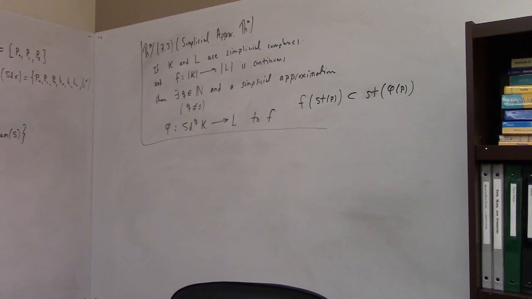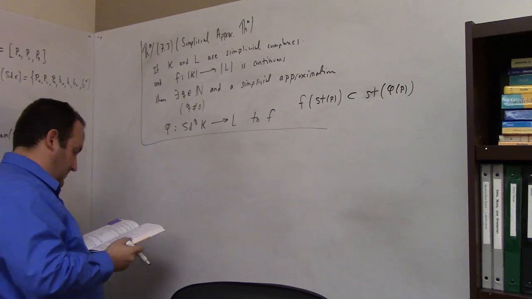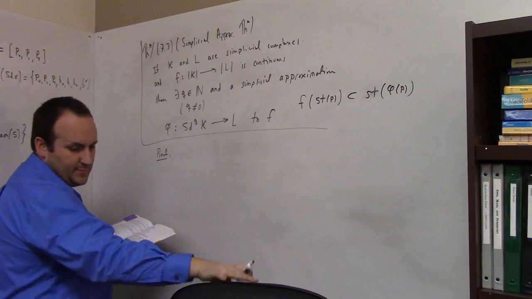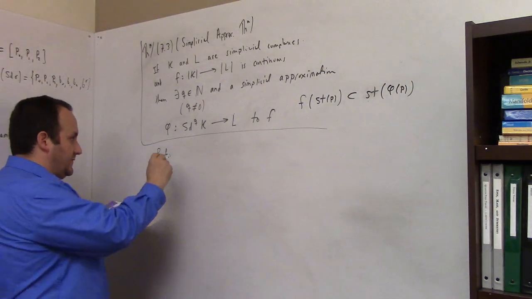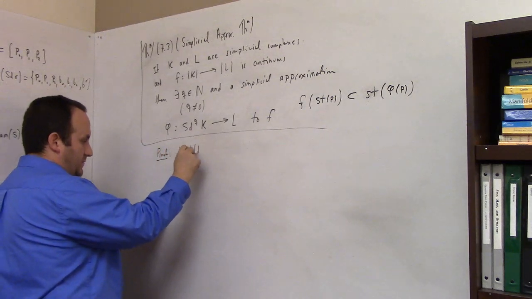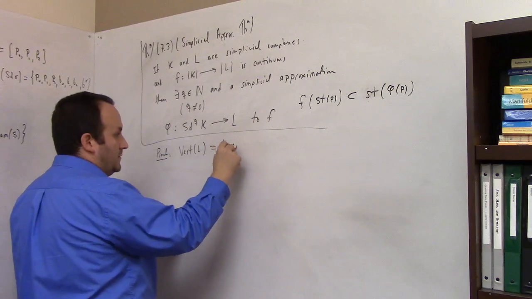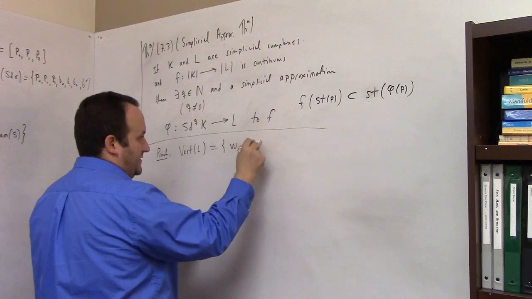All right, so what's his proof? He looks at the vertices of L. Gives them a name, W sub J, such that J is in some index set.